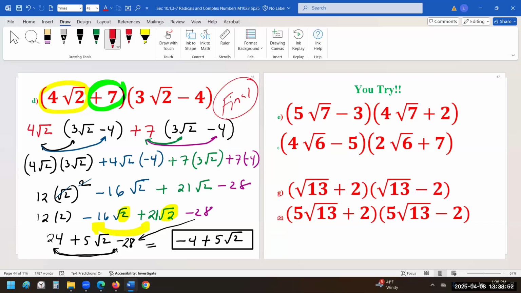Okay, that's the multiplication. Now, 5 is that, 4 is that. For the radical part, what do you see? So when you multiply the numbers with the numbers, then the radicals with the radicals.